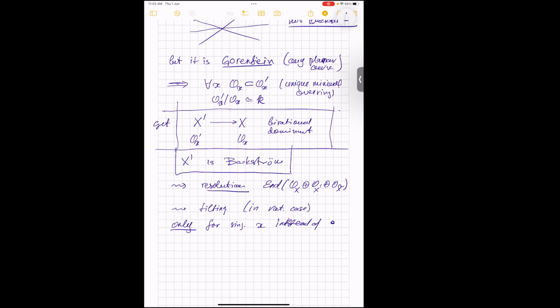Instead of one point, we get the following: 2 points and 3 arrows, A, B, C, such that AB and AC are 0. Something like this.